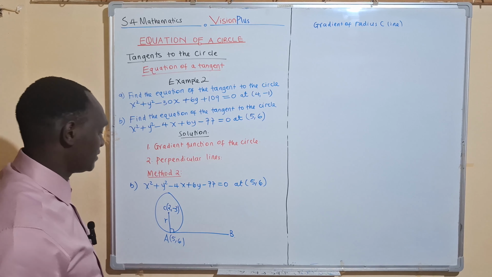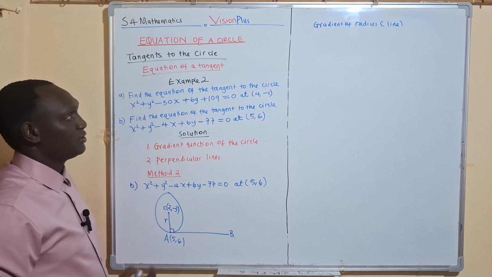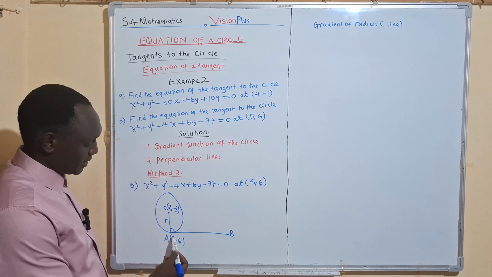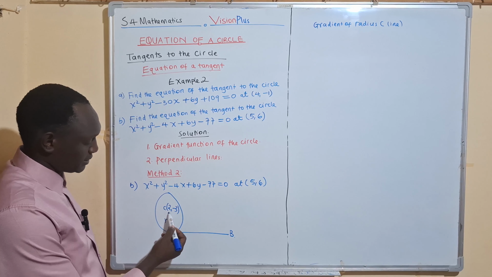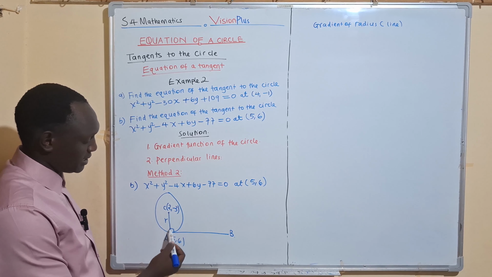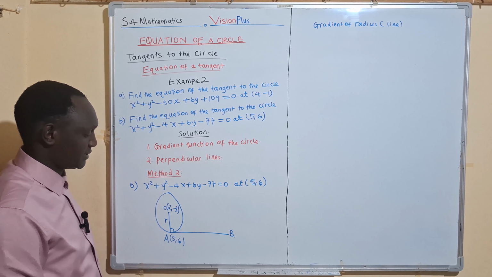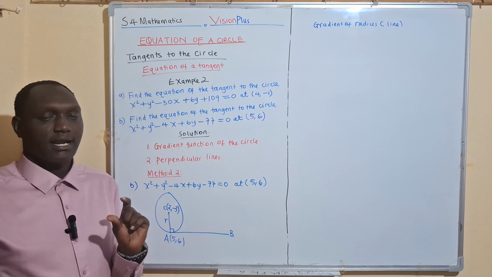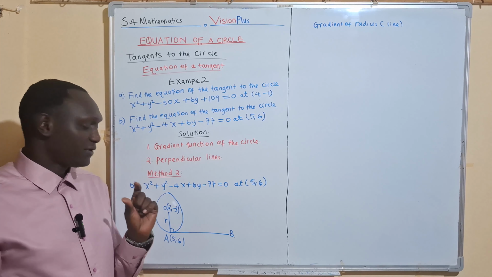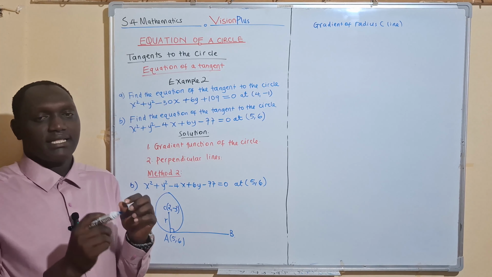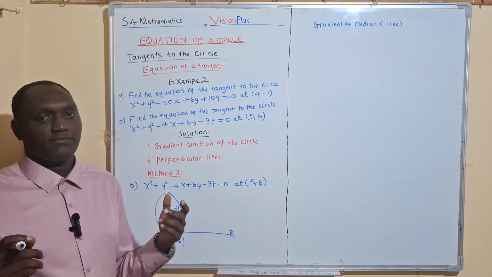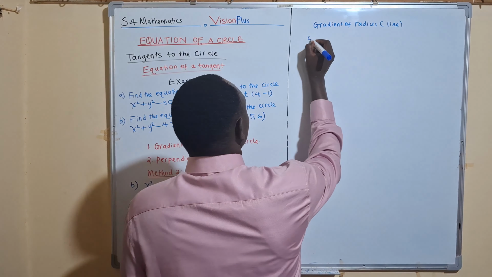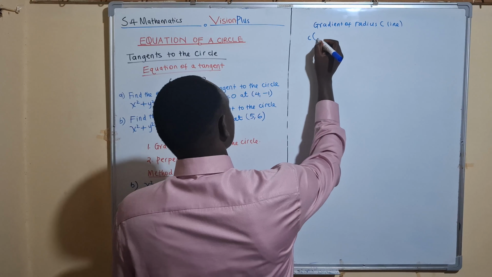Always keep in mind that a radius is just a line joining the center of the circle to any point. So for us to get the gradient of the radius, we have 2 points already here. We have the point at the center and the point on the circumference. If you have 2 points as the end points of a line, you can find the gradient of that line.